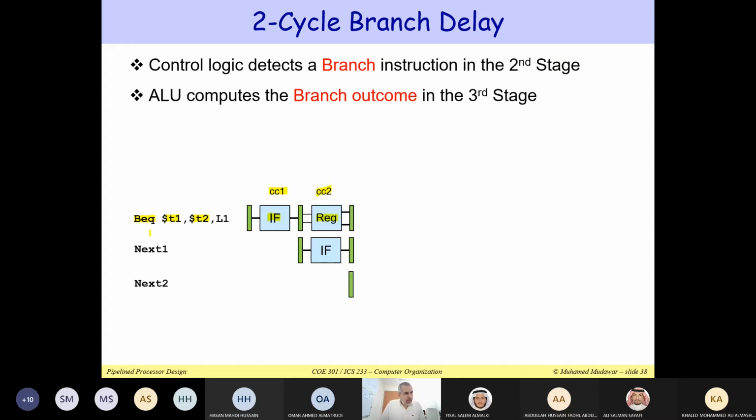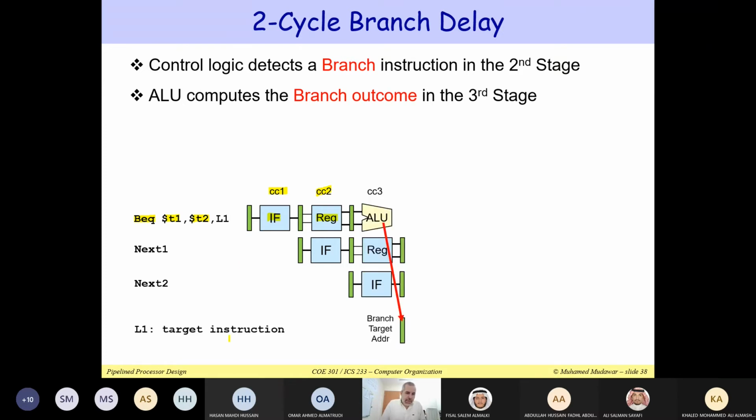We are decoding the instruction. The branch if equal has a unique opcode, so we can tell this from the opcode. The control logic is going to decode it and notice that it's a branch. At the same time, we read T1 and T2. Now, after reading T1 and T2, we want to check if the branch is taken or not taken.